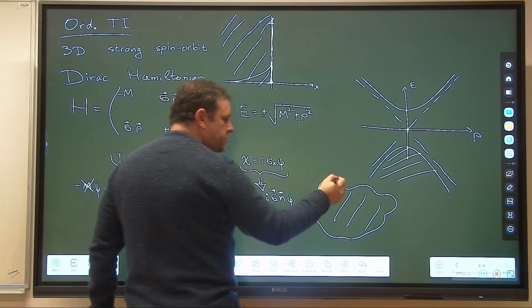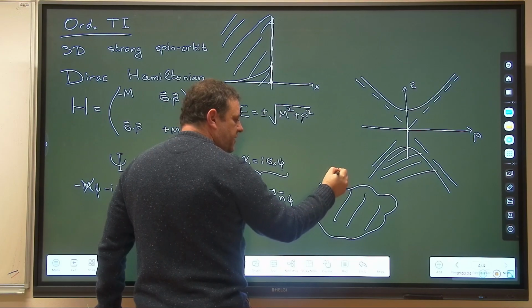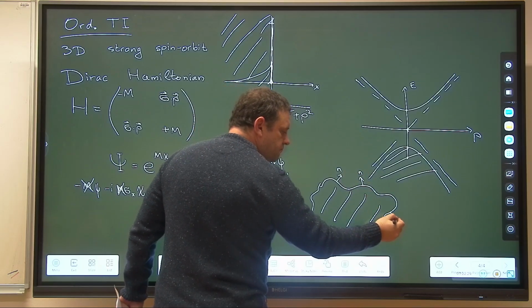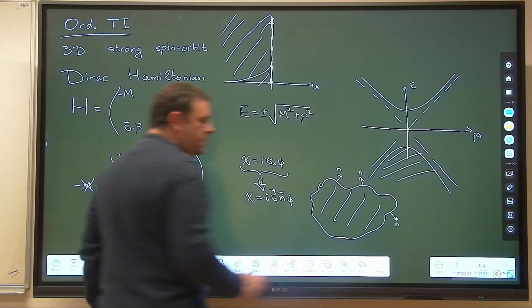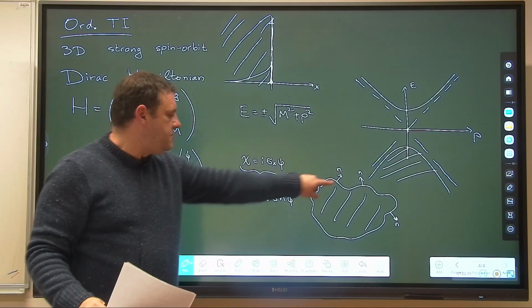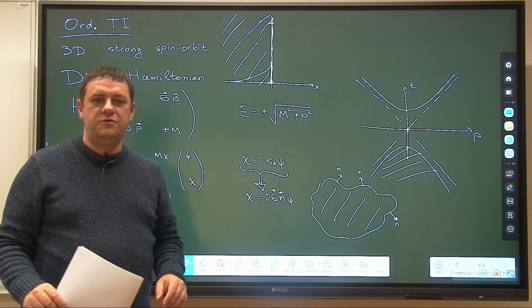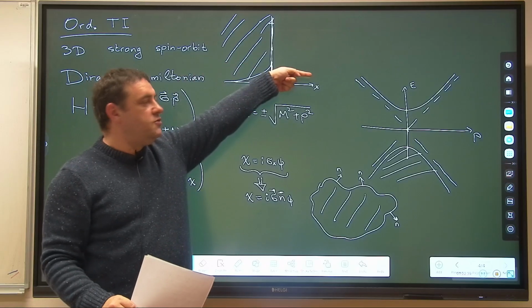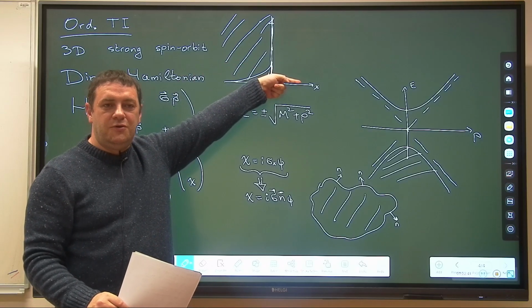And at each point I define the n vector, which is the normal vector to the surface. And then near this point, with this normal vector, I say this is my boundary condition. It's just a generalization. Sigma x corresponds to the normal vector pointing along x.